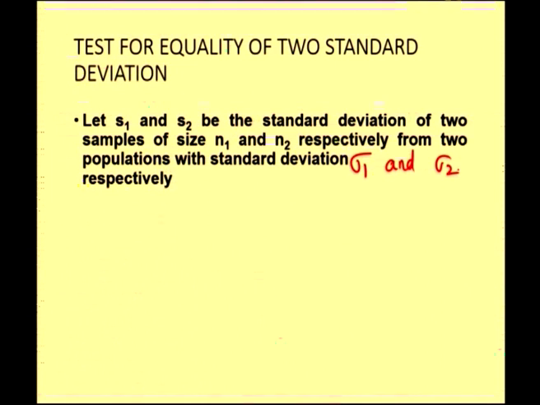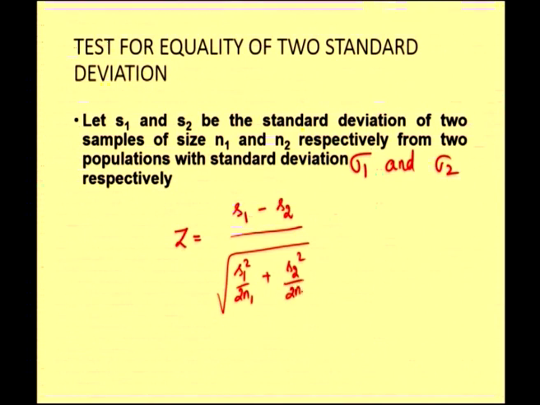Then the formula for the test for equality of 2 standard deviations, in normalized form, is Z equals S1 minus S2 divided by root of S1 square by 2 N1 plus S2 square by 2 N2, where S1 and S2 stand for the sample standard deviations.